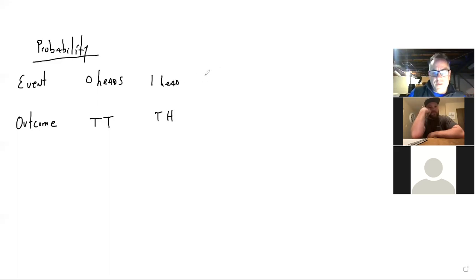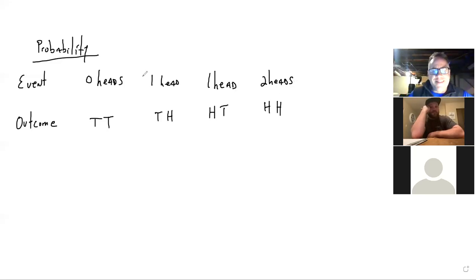And if I went here and first flipped head then tails, and again, I'm interested in how many heads I can get out of 2 coins, 2 flips, then that event would also be ultimately just 1 head. Now, if I flipped each of them head, then 2 heads. Okay.